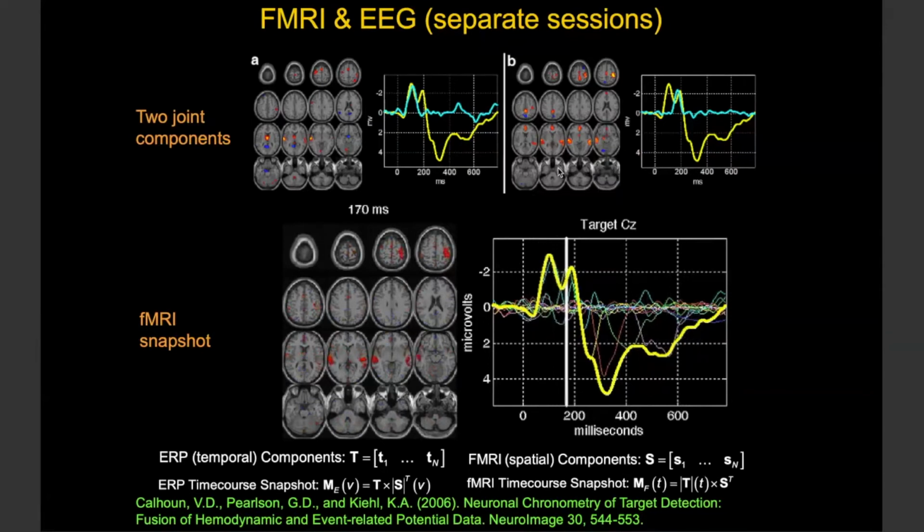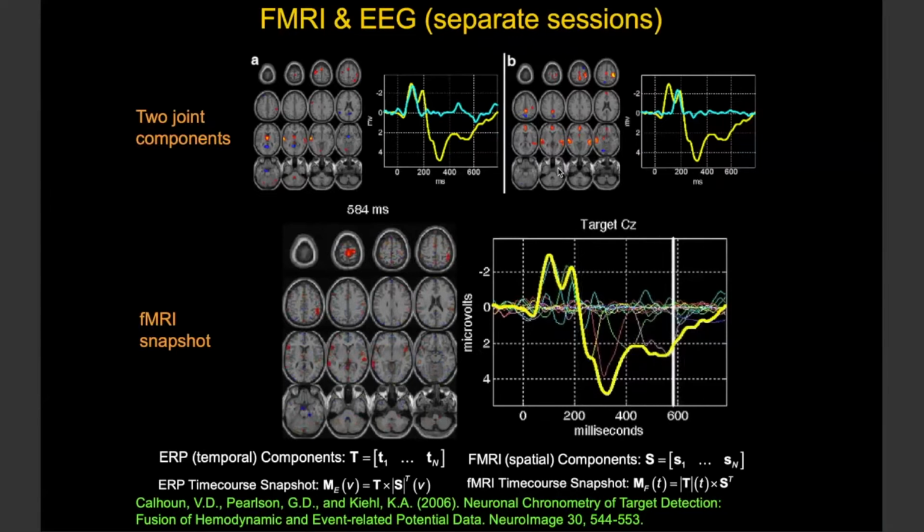So for any given point in time here, we can take the weights corresponding to all of these different sources at that time point and reconstruct an fMRI map that corresponds to the combination of those weights. And it makes a lot of sense when we play it as a movie. We get initial auditory sensory, then we get motor planning, then we get primary motor, then we get this large response around the P300 curve. And we've seen this in multiple different data sets.